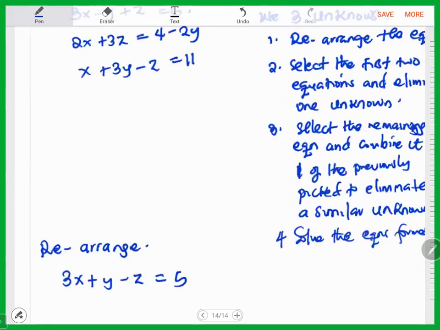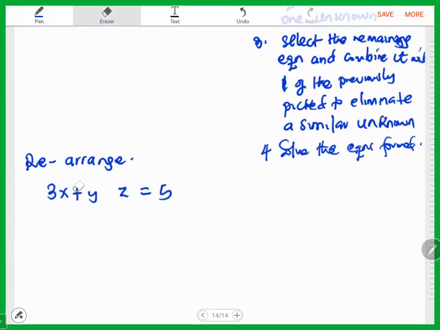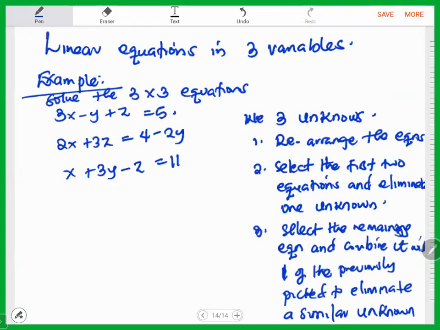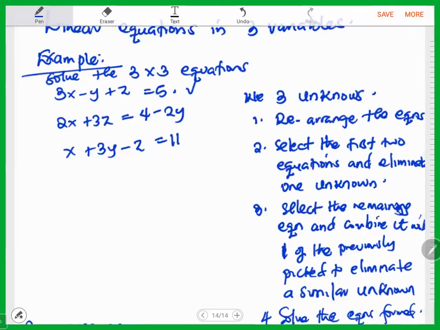The second one, when you have 2x plus 3z is equal to 4 minus 2y, this y must move to this other side to become plus.